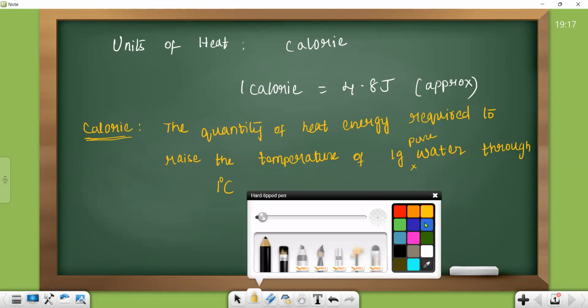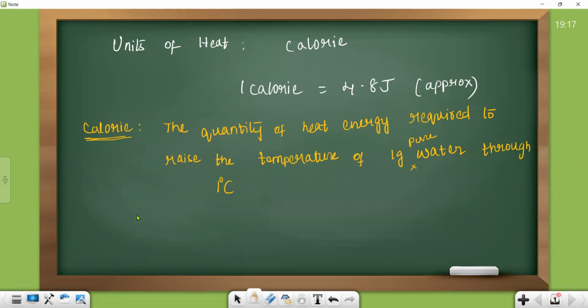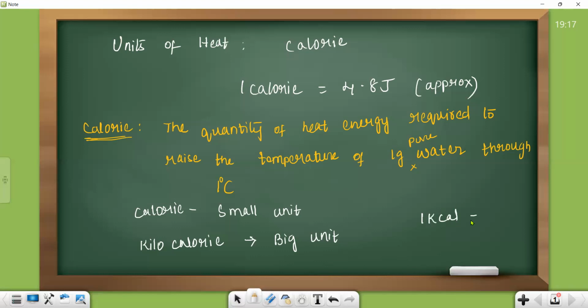Calorie is a smaller unit, kilocalorie is the larger unit. And 1 kilocalorie is equal to 1000 calories. Always kilo stands for 1000.